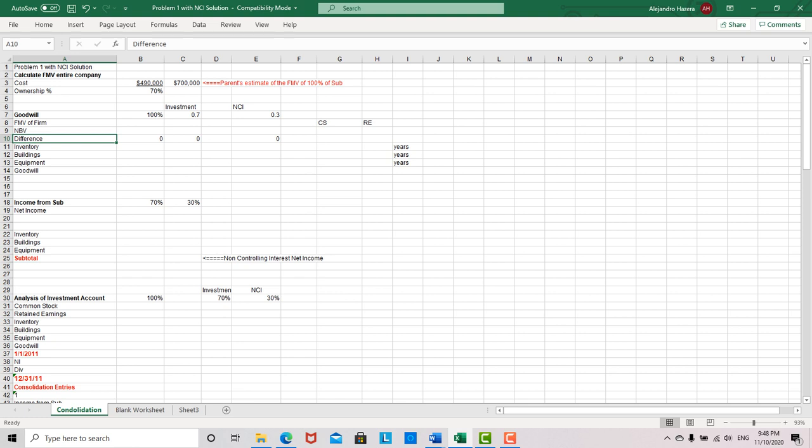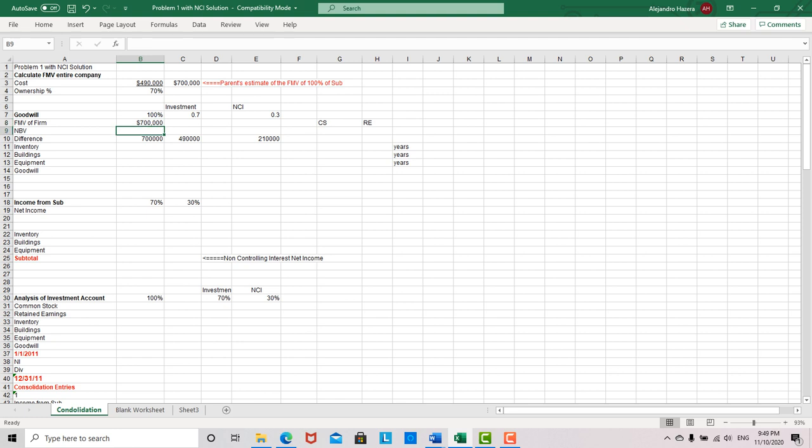We take out the 3 items for which the parent overpaid, the 3 tangible items, inventory, buildings, equipment, and the leftover will be goodwill. The fair market value of the firm is $700,000, in a 100% column.